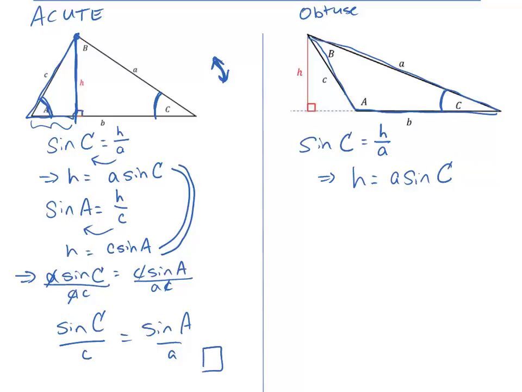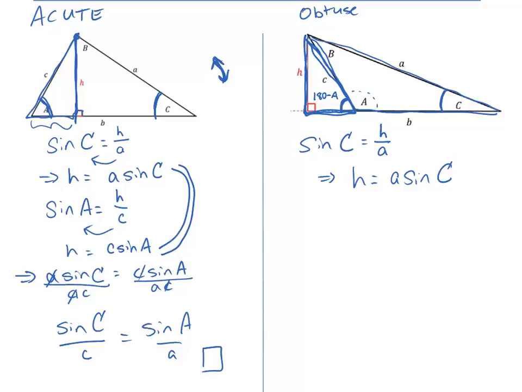Now, we want to look at this angle A right here. But the problem is the next triangle is now this triangle outside of here, so we have to look at this angle instead of A. This angle would be 180 minus A, because the full straight line that is parallel to B would be 180 degrees.